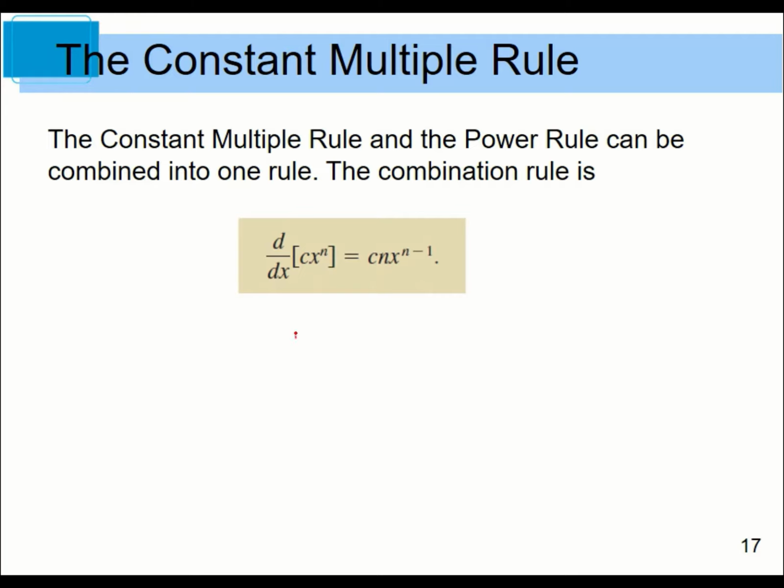For example, if we have 5x to the power of 3 and we differentiate, the c is the 5, so we can just write the c, then 3 brought down, x to the power of 3 minus 1, which gives us 15x squared. So we can combine the power rule with the constant multiple rule.